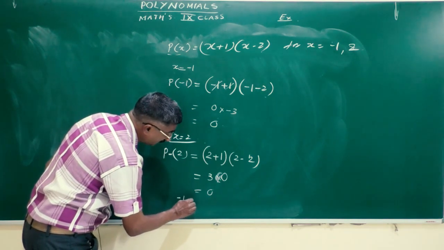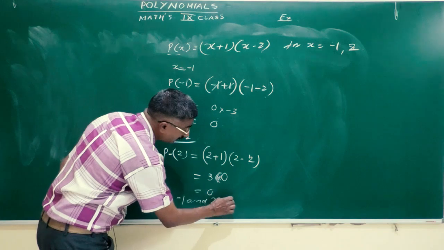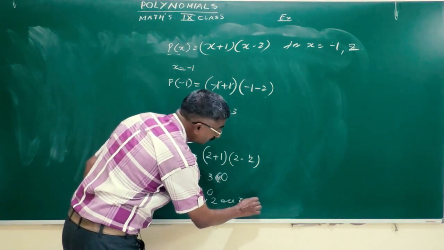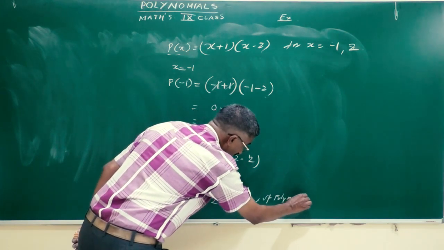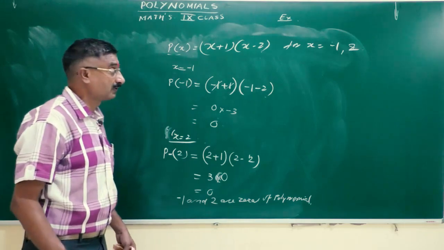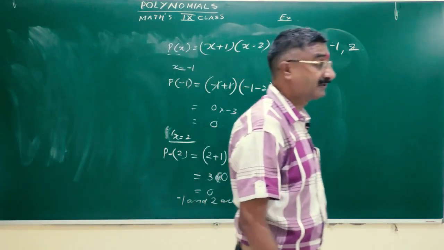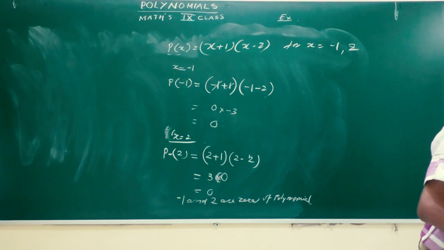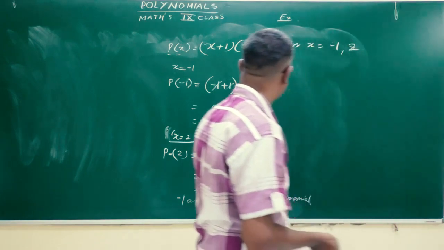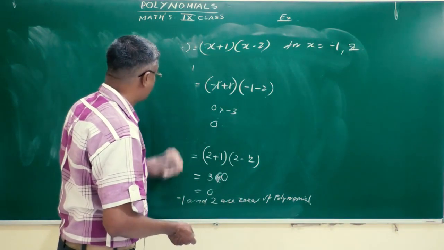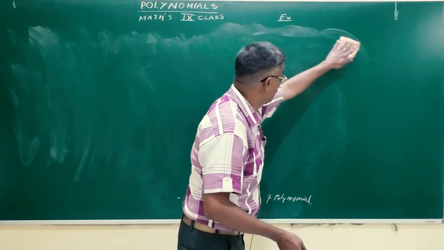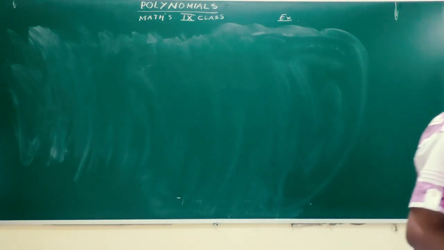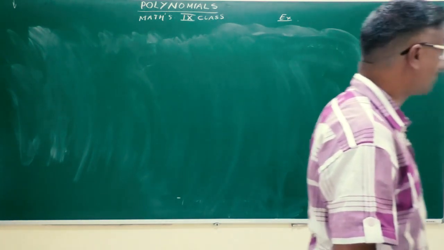So minus 1 and 2 are zeros of the polynomial given. Clear? So this is the way, it is a very simple method to solve the problems or check the zeros. So P(x) is equal to x square, x is equal to 0. Of course if you substitute the value you will get 0. So you can solve that problem. So we will continue with the next problem, that is P(x) is equal to lx plus m.